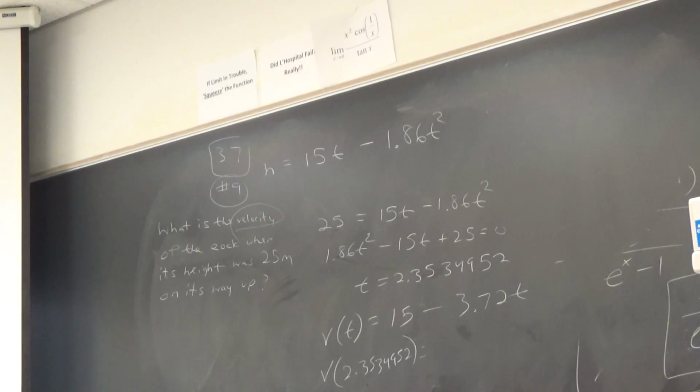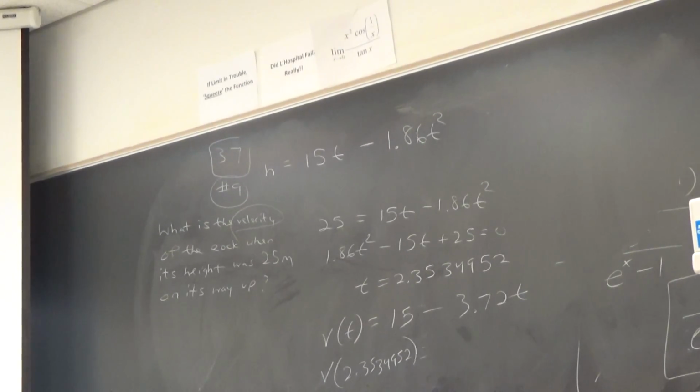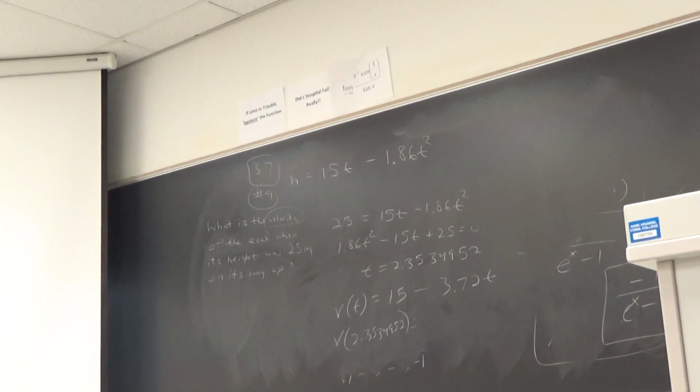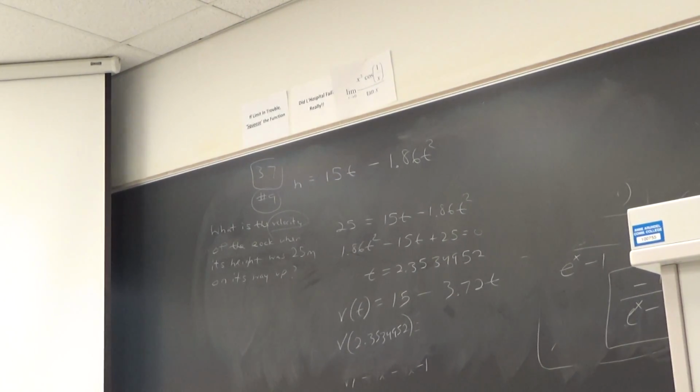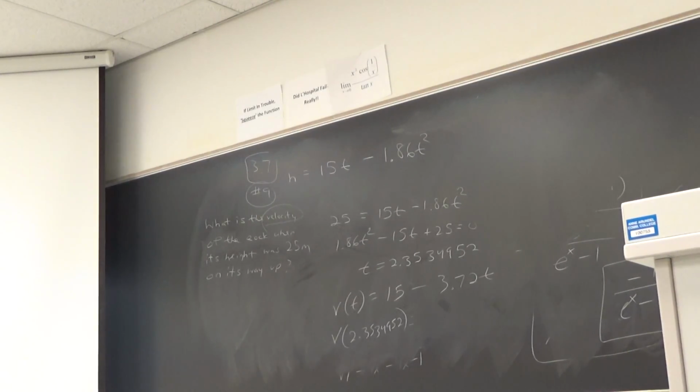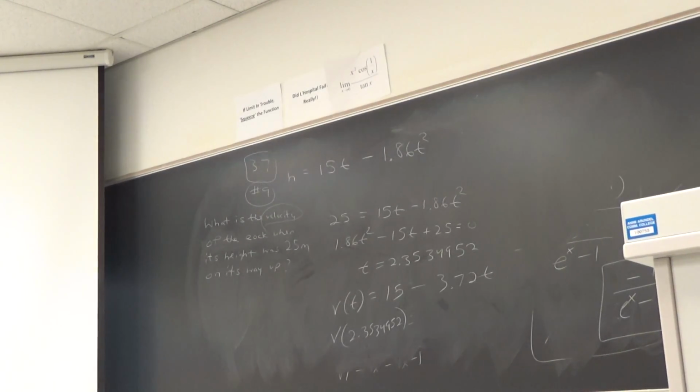X is X. I don't know if that'll work, but that means X was stored as something else. So it's second arrow, just go back in here, right here. Let's put 2.3534952, this time we'll enter it manually. Right? Yeah. Oh, I know what we're doing wrong. It's not 18.6, it's 1.86.